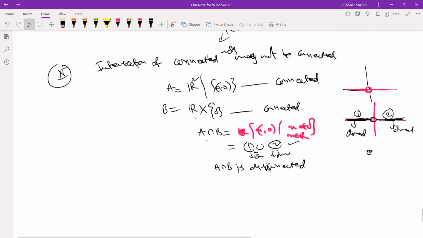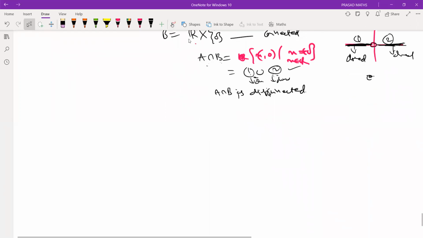Next, look at this property. This is path connected. Actually, this is not in my syllabus, but it is very powerful. Path connected.